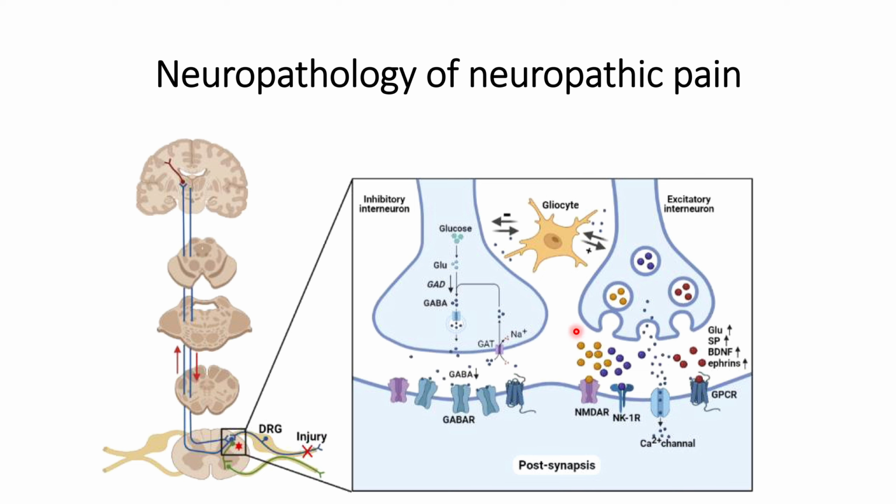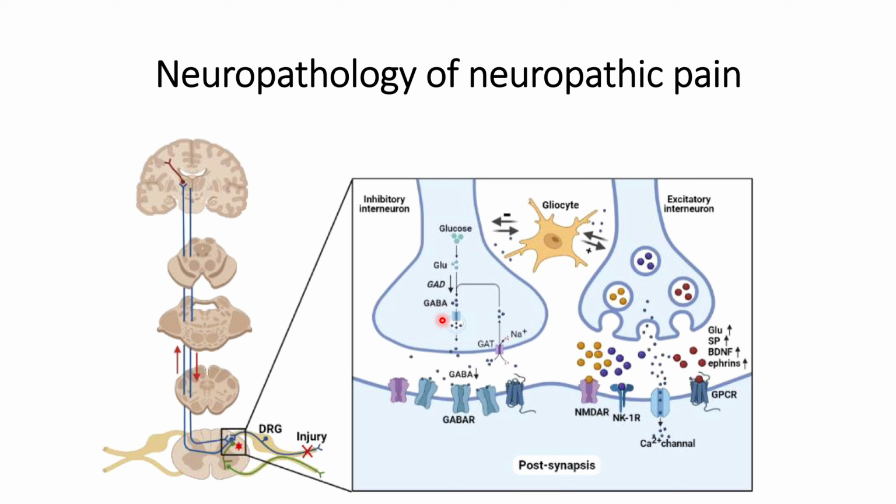And what happens with the excitatory interneuron when these functions get disrupted, that is, when the formation of GABA is not proper? This kind of thing occurs during chronic diseases related to the brain.